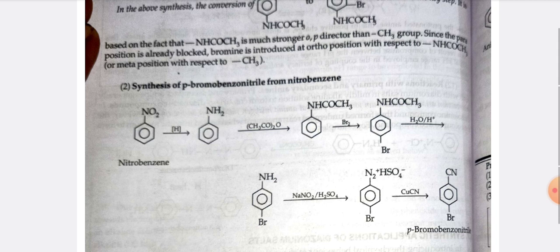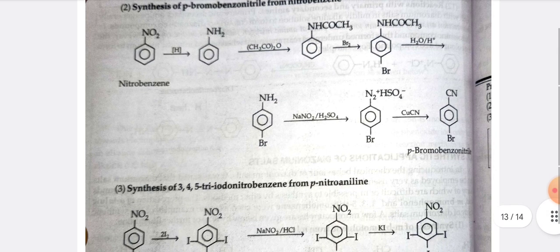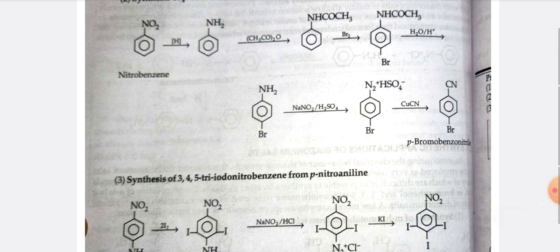It gives Br at the para position, with NHCOCH3 at the ipso position. Again, it is treated with water in the acidic medium, which gives NH2 at the ipso position of the benzene ring and Br at the para position.